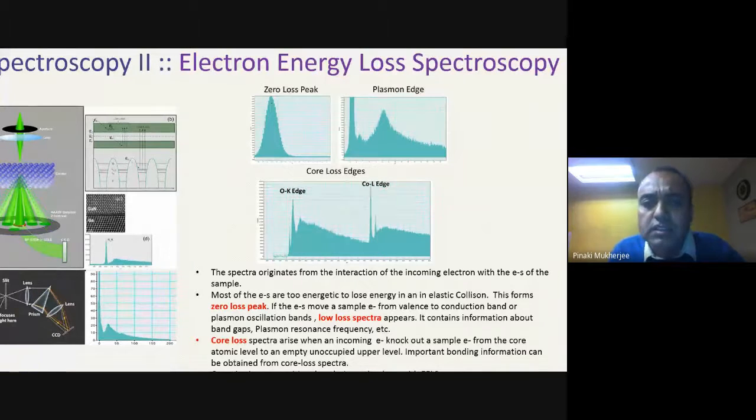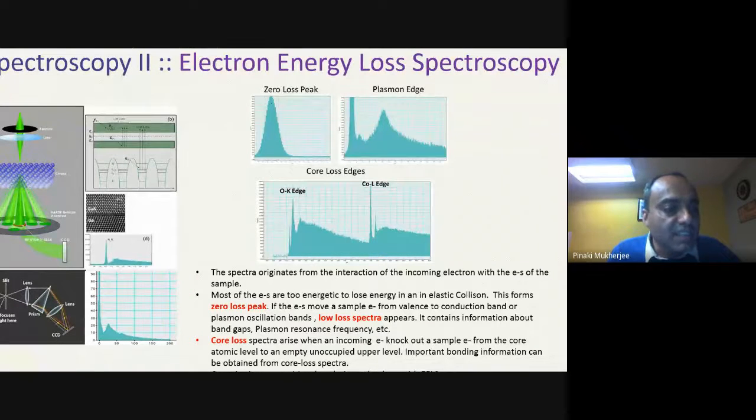The good thing about EELS, or electron energy loss spectroscopy, is that the energy resolution is about 1 eV, typically 1 eV or below. And if the electron transition is happening from subshells of an atom, we can actually determine that.